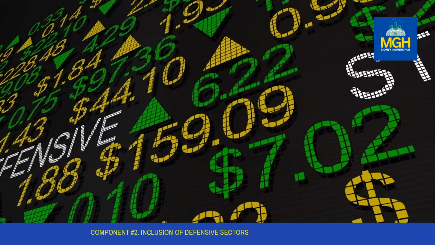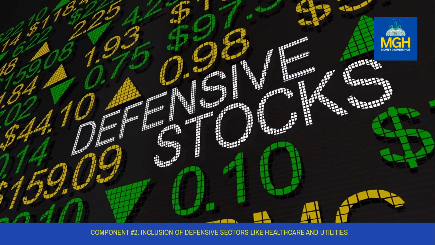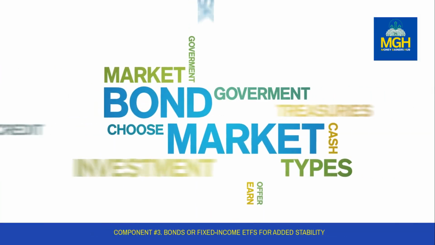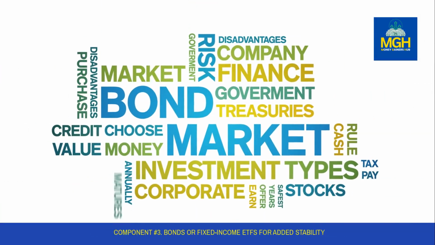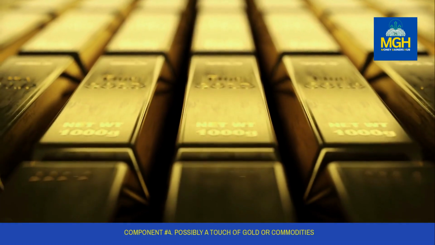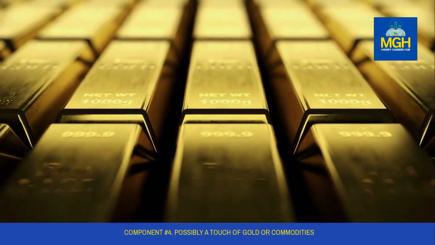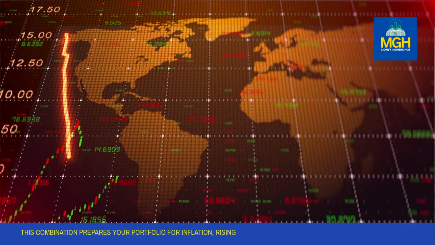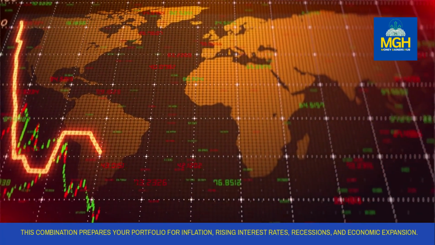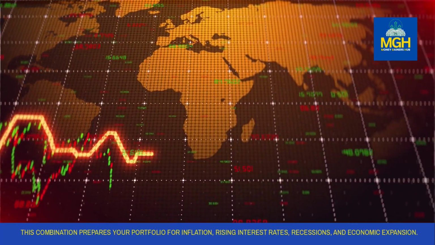Component number 2, inclusion of defensive sectors like healthcare and utilities. Component number 3, bonds or fixed income ETFs for added stability. Component number 4, possibly a touch of gold or commodities. This combination prepares your portfolio for inflation, rising interest rates, recessions, and economic expansion.